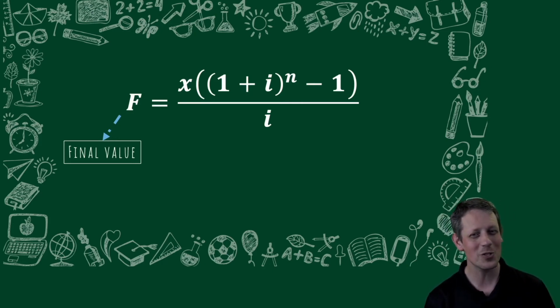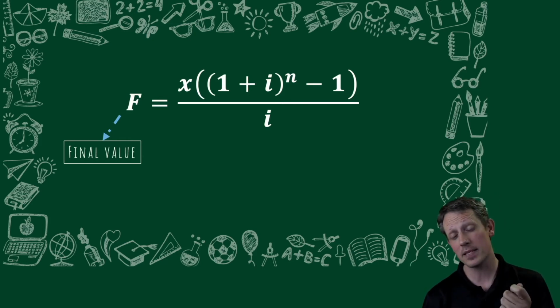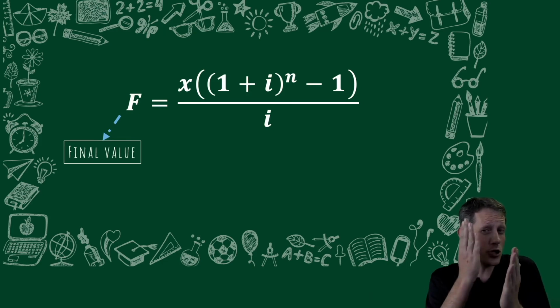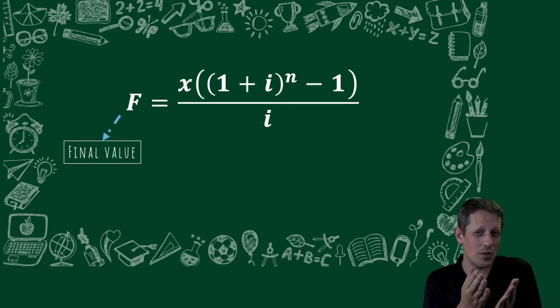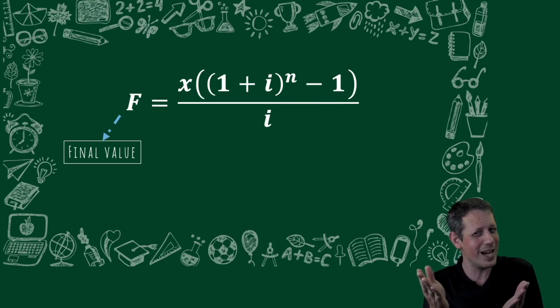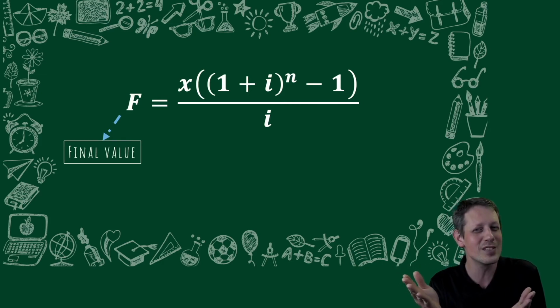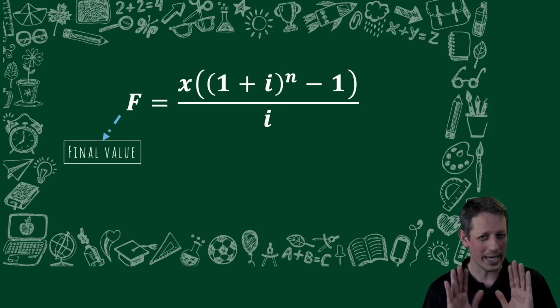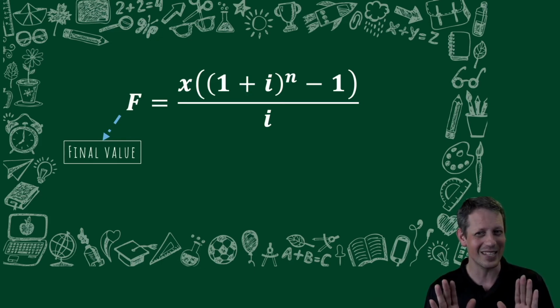As you see on the screen, F is the final value paid out on the last day of the annuity. For the AP Maths guys, it's sometimes going to change. They're going to say, I stop the annuity, but then it just goes into the bank for another 5 or 10 or 12 months. Then it becomes a bit of a different story. Again, I'm not going to go into that in this video.